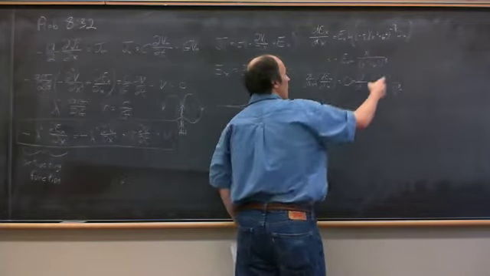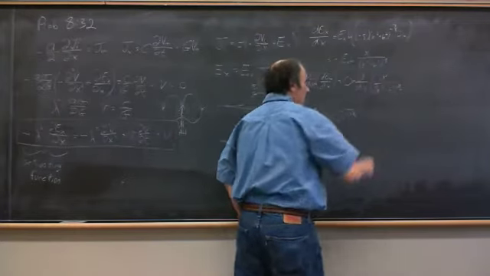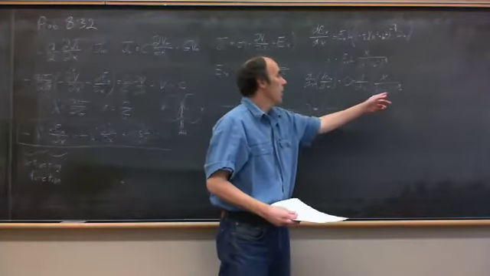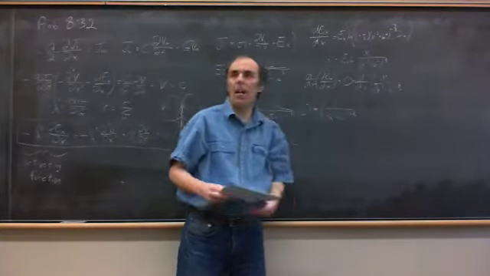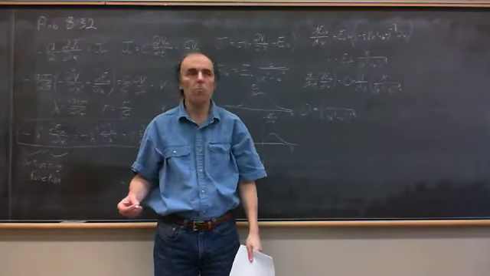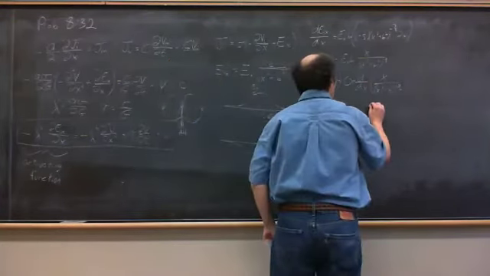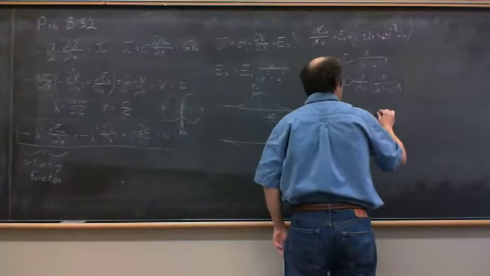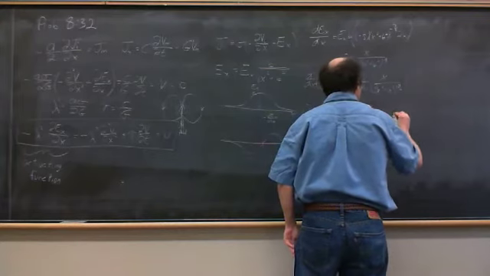But now we have to take this times the derivative of this, and this is the harder part. What's the derivative of x squared plus b squared to the minus 3/2? Negative 3/2, x squared plus b squared to the negative 5/2.